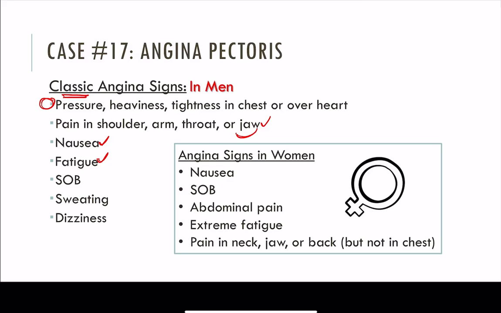For women, classic signs of angina are nausea, shortness of breath, abdominal pain, extreme fatigue, or pain in neck, jaw, or back, but not often in chest. Because of this, angina and early signs of ischemia are often missed in women. So don't discount it. If they're having weird symptoms in response to physical activity that go away with rest, this is angina. This is classic angina.